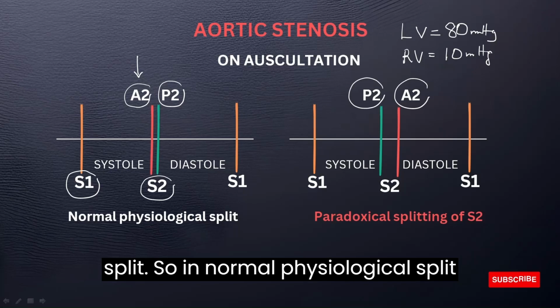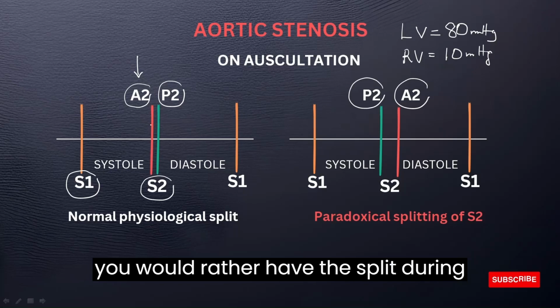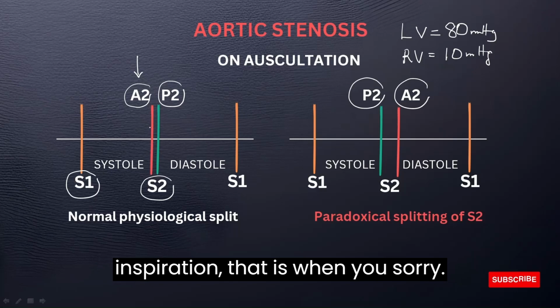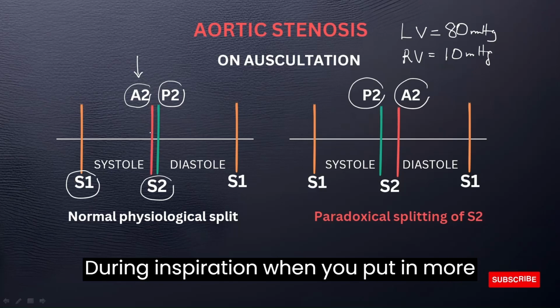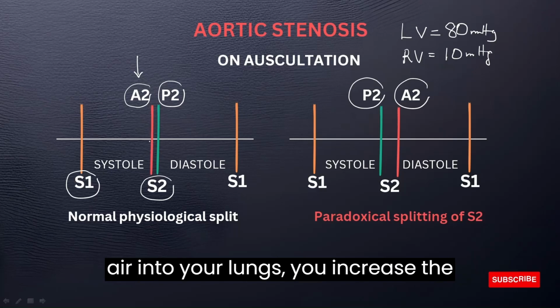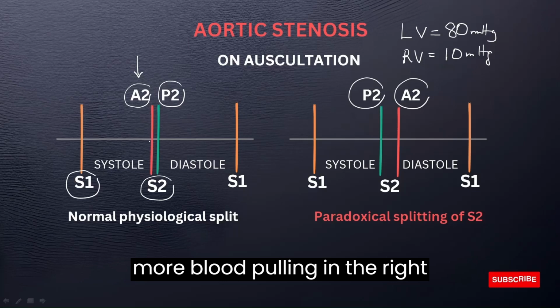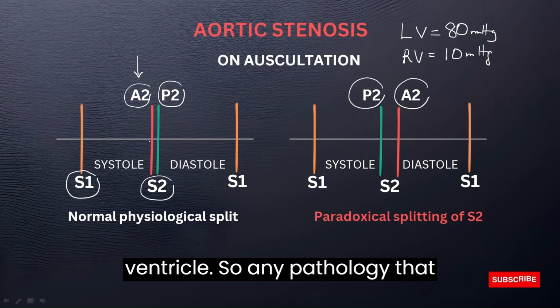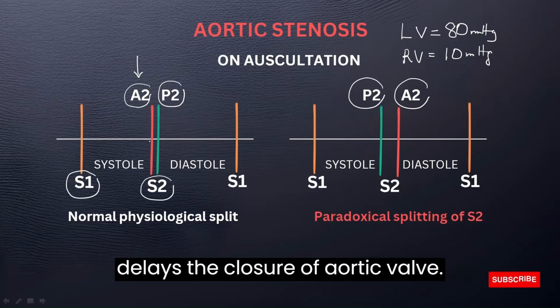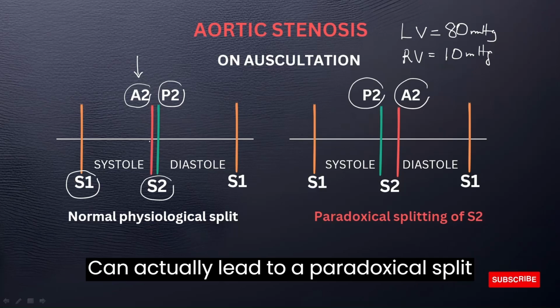So in normal physiological split, you would rather have the split during inspiration. That is when during inspiration, when you put more air into your lungs, you increase the volume. And of course, this would lead to more blood pooling in the right ventricle. So, any pathology that delays the closure of the aortic valve can actually lead to a paradoxical split of S2.